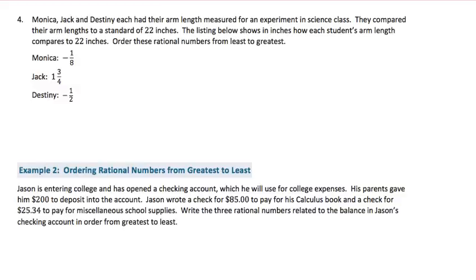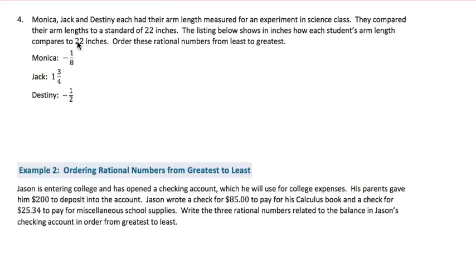And then, in question 4, Monica, Jack, and Destiny each had their arm length measured, and they compared their arm lengths to a standard of 22 inches. The amounts they are giving are how their arms relate to 22 inches. And just as a side note, that would mean that the 0 in this particular problem is 22 inches.